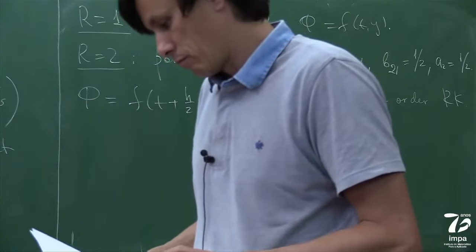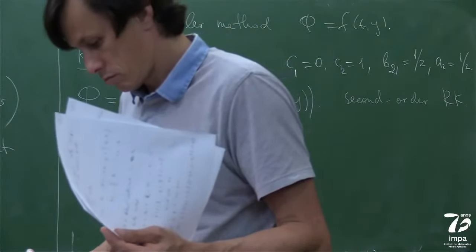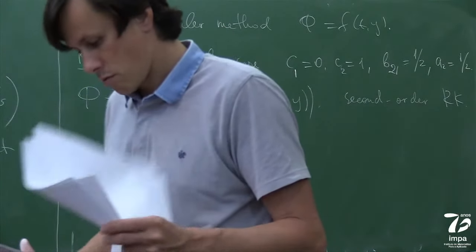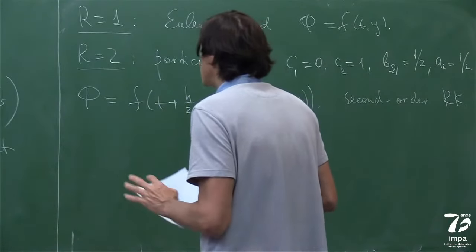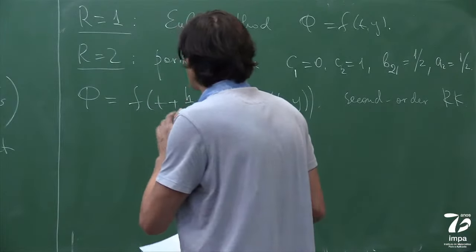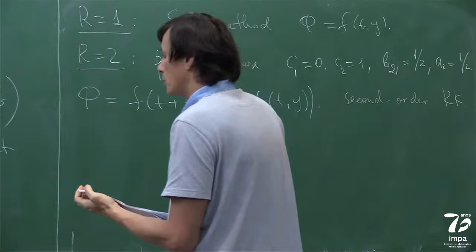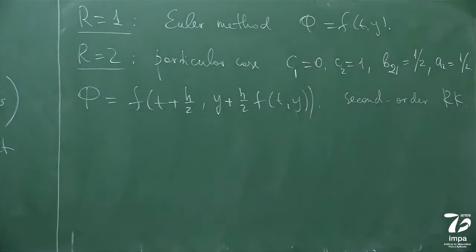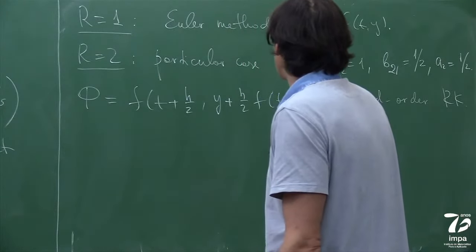But in principle, there are many other methods. So let's check how you would proceed in general, in this particular case r equal 2. This relation must be satisfied, but the others are not.